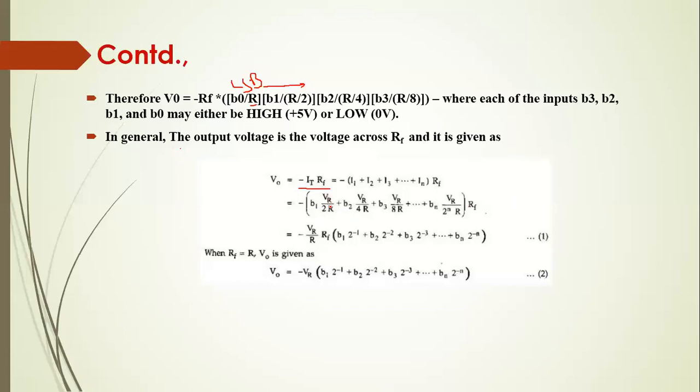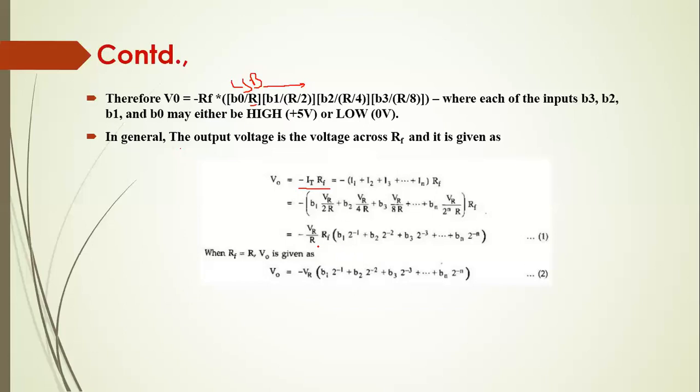Here VR by R is made common and we have RF as usual, and the remaining terms will be B1 by 2, next B2 by 4, B3 by 8, and so on till Bn by 2 power n. Now, if you bring this denominator, that is 2, to the numerator, you will be having B1 into 2 power minus 1, B2 into 2 power minus 2, B3 into 2 power minus 3 and so on, Bn into 2 power minus n.